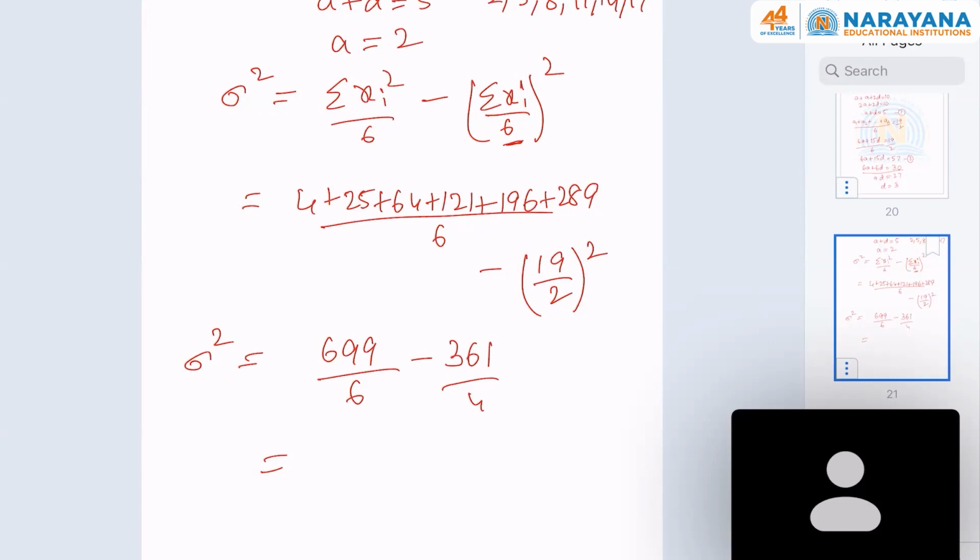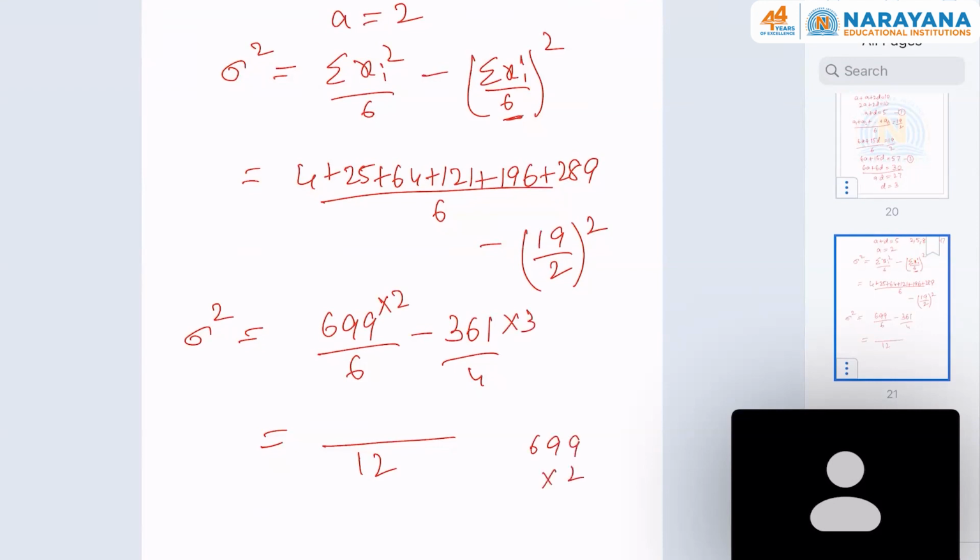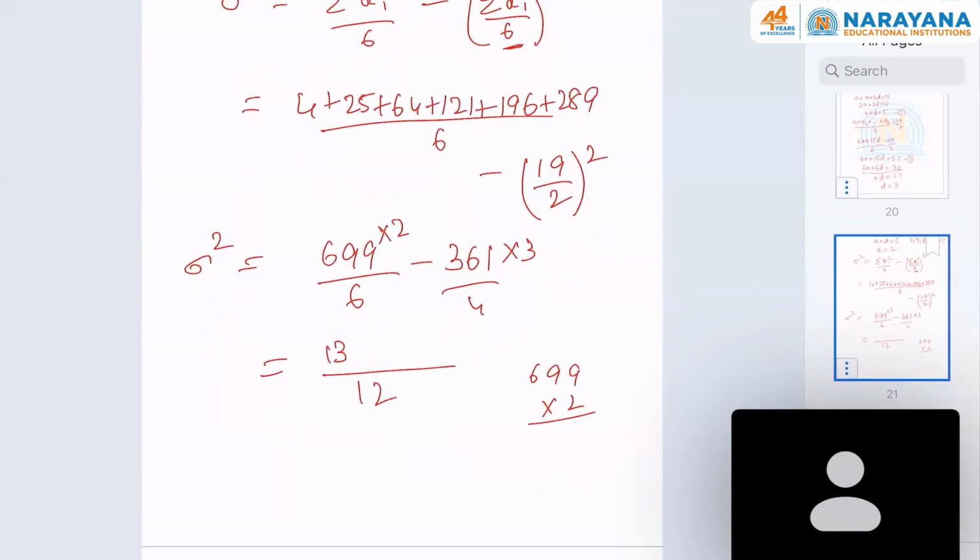So it is equal to 1398 minus 361 into 3, 361 into 3 is 1083, over 12. So here we have to multiply this with 8 also: 8 by 12 into 1398 minus 1083.